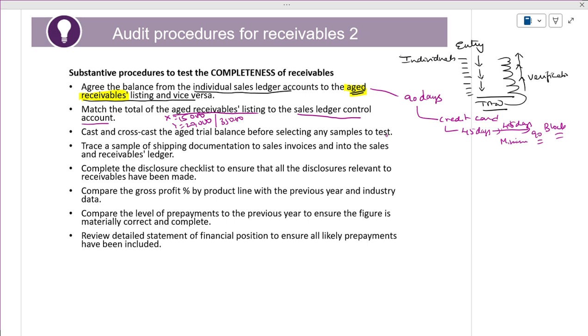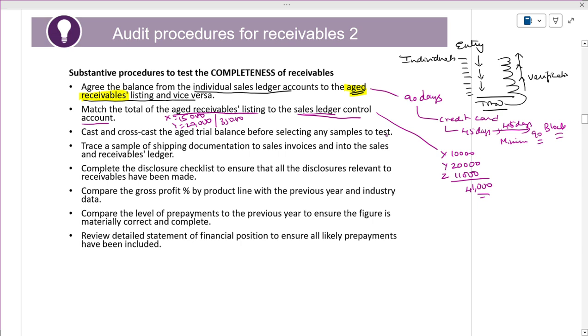We are listing the aged receivables and matching them with the sales ledger control account. Again, very specific: X is going to pay 10,000, Y is paying 20,000, Z is going to pay 11,000. You have to make sure it is agreed with the sales ledger control account.